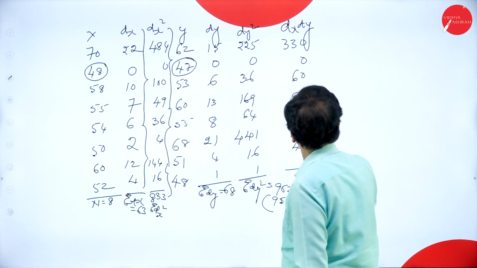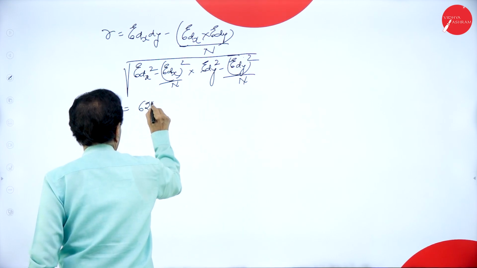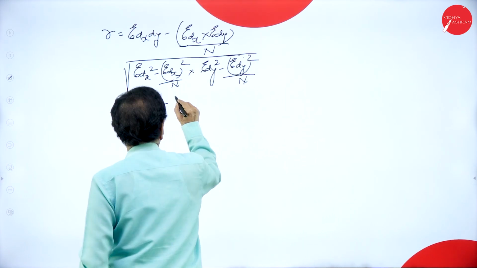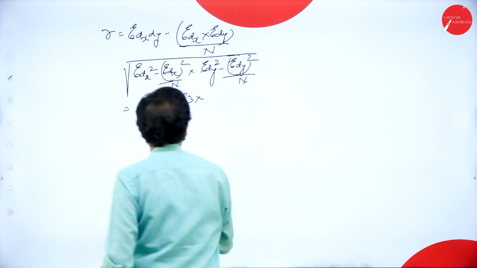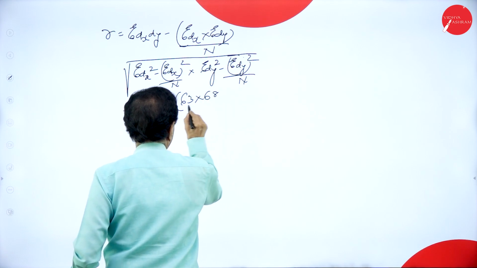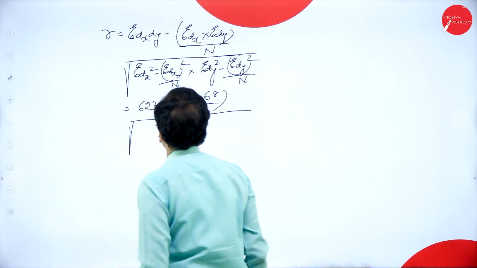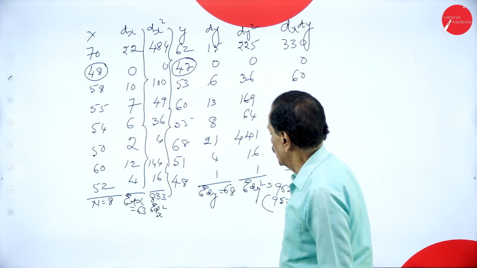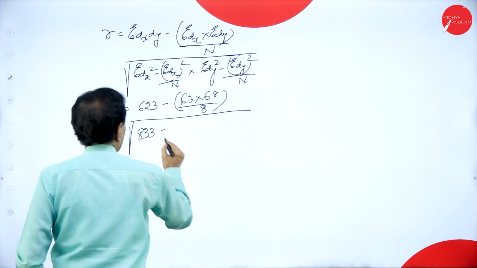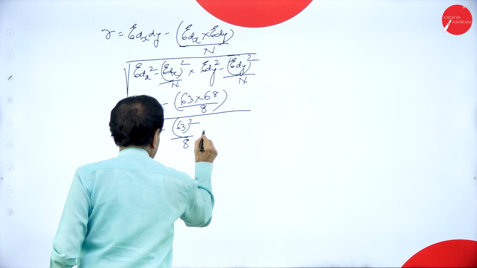Apply. What is sigma dx dy? 623, minus. What is sigma dx? 63, into. What is sigma dy? 68. How many items are there? 8, divided by root of. What is sigma dx square? 833, minus. What is sigma dx? 63 whole square divided by 8.